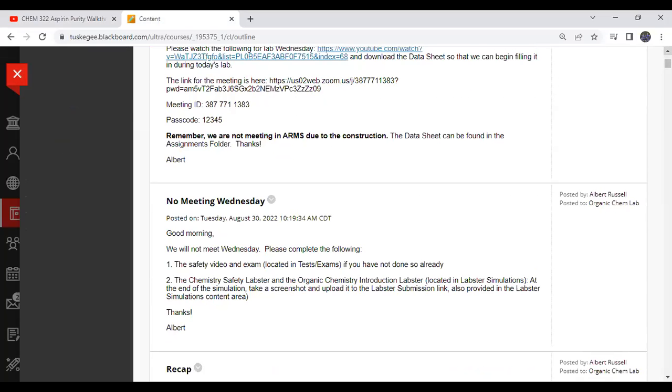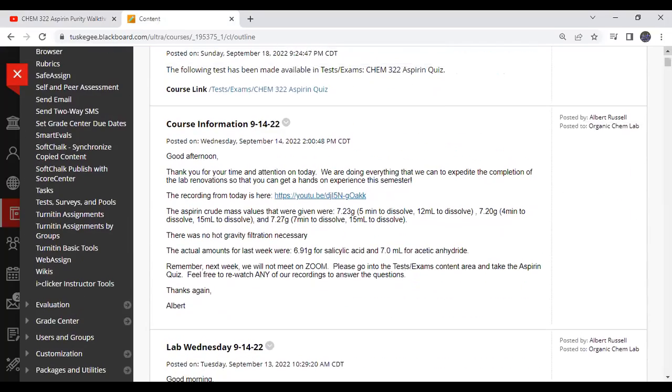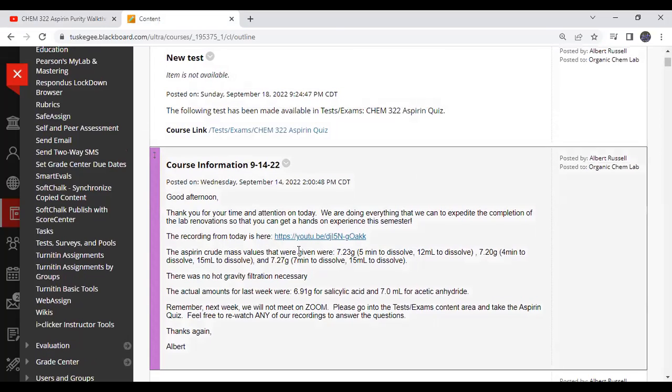Oh, that's at the very beginning. Yeah, that would have been sample 3. Okay, thank you. Sample 1 was 7.23 grams. If you had that as your crude mass, then you're working with sample 1. Sample 2 was 7.20 grams as the crude mass. And then sample 3 was 7.27 grams as the crude mass. Thank you. No problem.